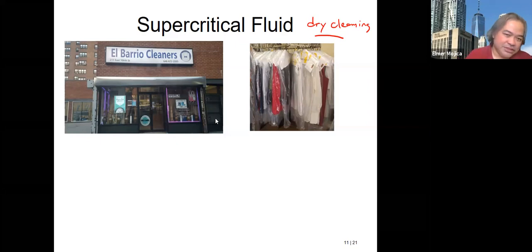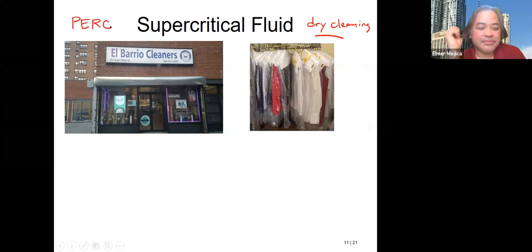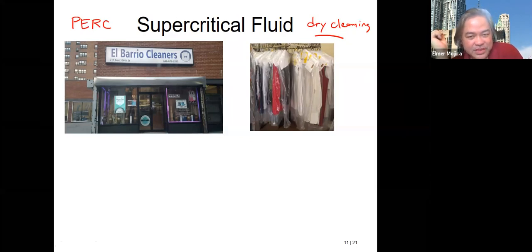It involves a material called PERC, perchloroethylene. Okay? So what does it do? It's going to dissolve the dirt right away. And they use this in supercritical fluid form. So what can you observe if you go to a dry cleaner?